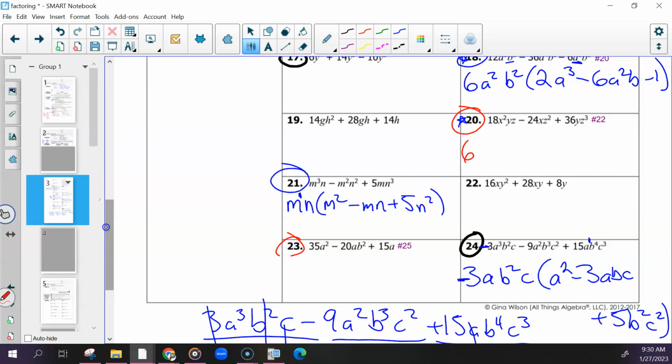If they don't, you can't use it. If they all have it, look at the lowest number of exponents they all have and go with that one. It is just 1z. Because they all don't have x, they all don't have y, and the lowest is z. So we're dividing each by 6z, what's left?